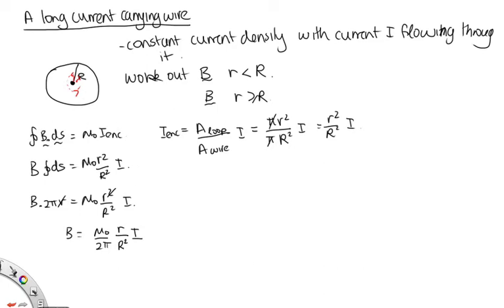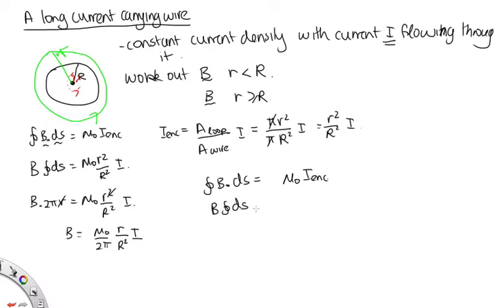Let's now calculate the magnetic field for r bigger than the radius of the wire. So that's this green one. We can take a path like this. In this case, we've got B dot ds is equal to mu naught I enclosed, and the amount of current enclosed is just I. Once again we can assume that the magnetic field is going to be constant here, so we can pull it out the front of the integral.